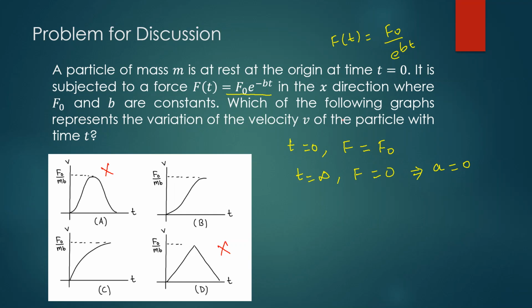So the speed should exponentially grow. So this looks unlikely. So the answer should be C. You understand? By just appreciating the mathematical functions and looking at the graphs, we can answer.